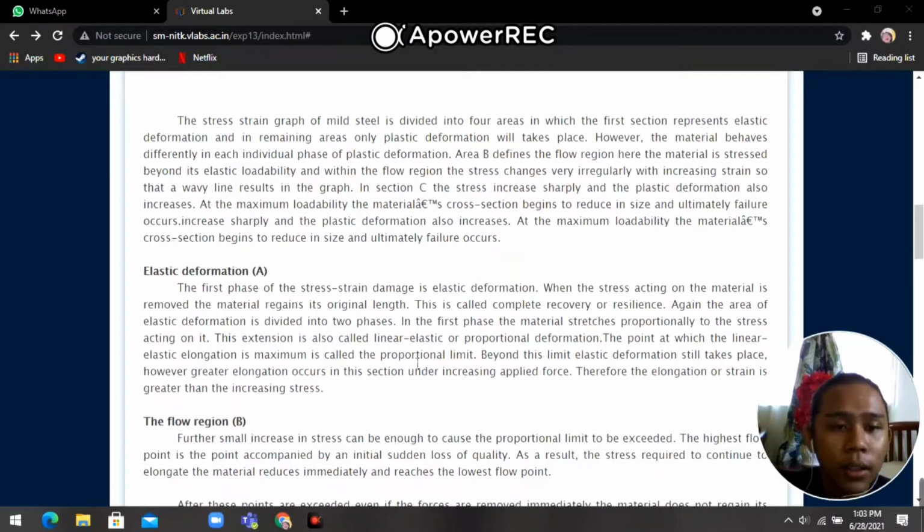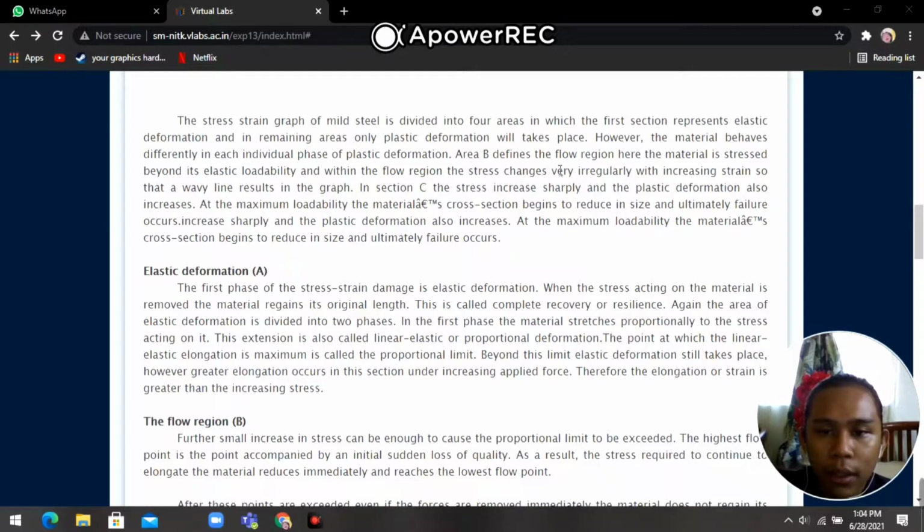The stress strain graph of mild steel is divided into 4 areas, in which the first section represents elastic deformation, and in the remaining areas only plastic deformation will take place. However, the material behaves differently in each individual phase of plastic deformation.